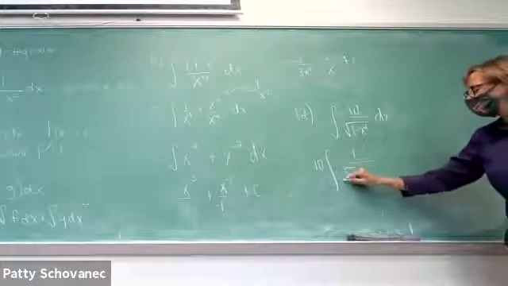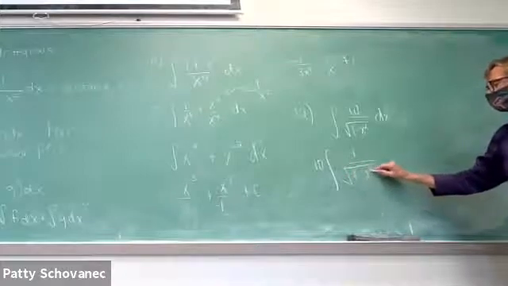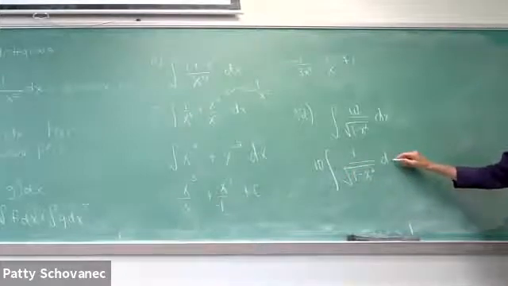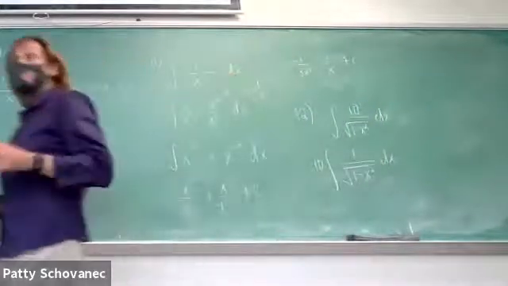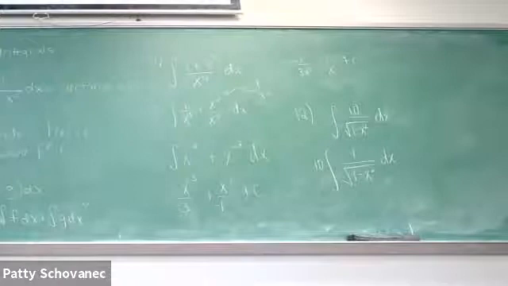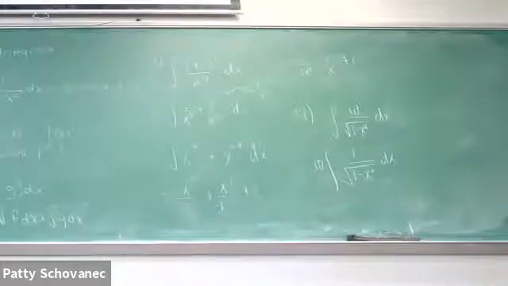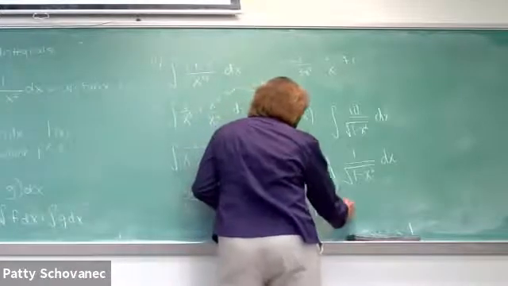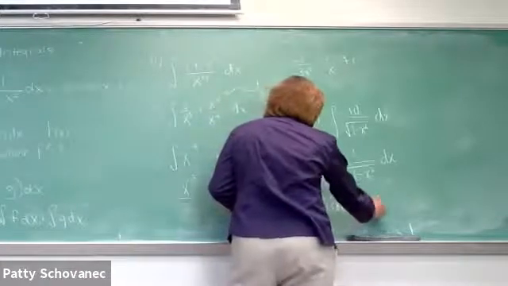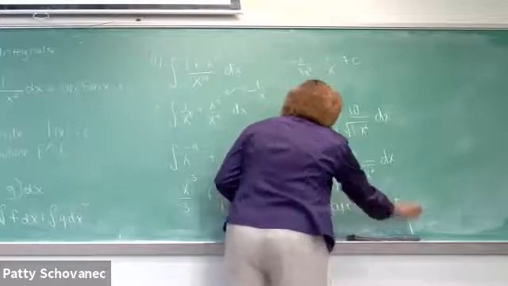What did I take the derivative of to get 1 over the square root of 1 minus x squared? That one's the inverse sine. So our antiderivative is 10 times the arcsine of x plus our constant of integration.